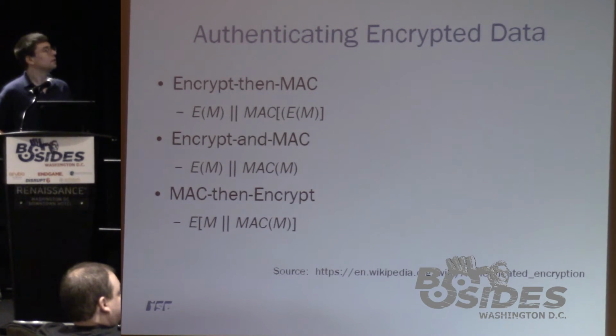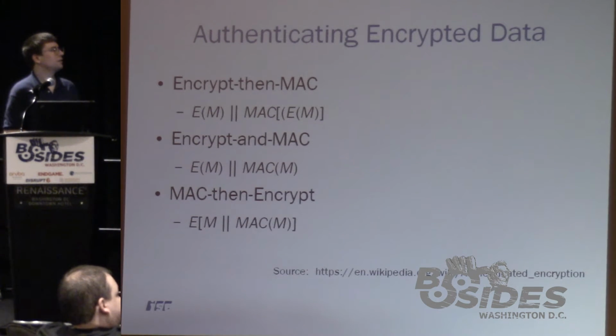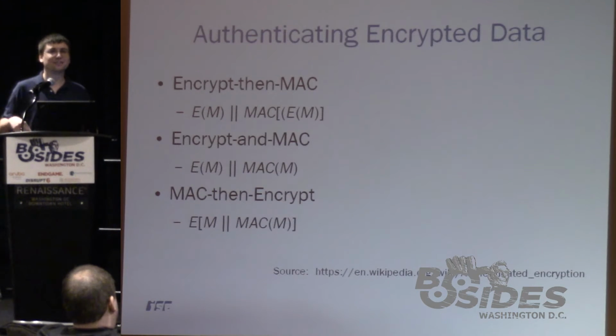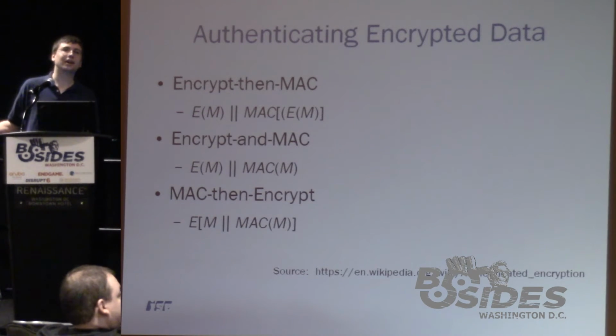They're called encrypt then MAC, which is as it sounds, and MAC then encrypt, where you have the message and its hash or other integrity check and encrypt the whole thing. This is very confusing, as you can see. So encrypt and MAC versus MAC then encrypt versus encrypt then MAC. Do you encrypt the hash value or not, and do you do it before or after encryption, is what it boils down to. And encrypt then MAC is what is recommended today.